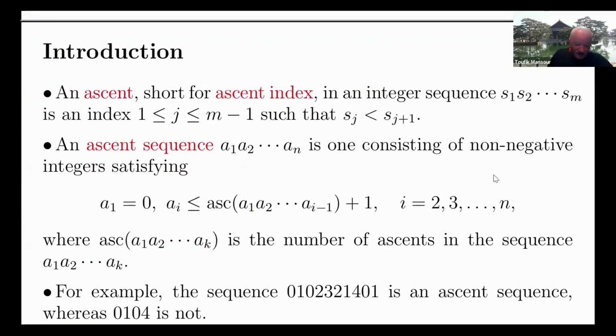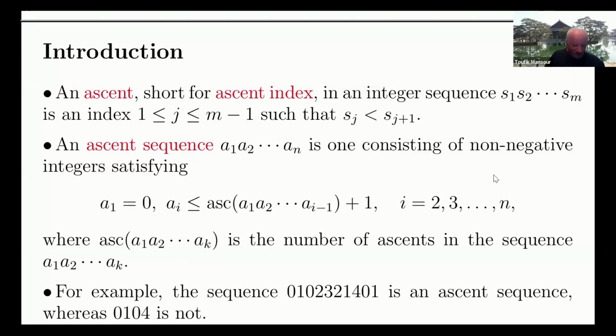An ascent sequence of length n consists of non-negative integers satisfying that the first letter is 0, and the i-th letter is at most the number of ascents in the preceding sequence a_1 to a_{i-1} plus 1. Here asc(a_1 ... a_k) is the number of ascents in the sequence a_1 to a_k.